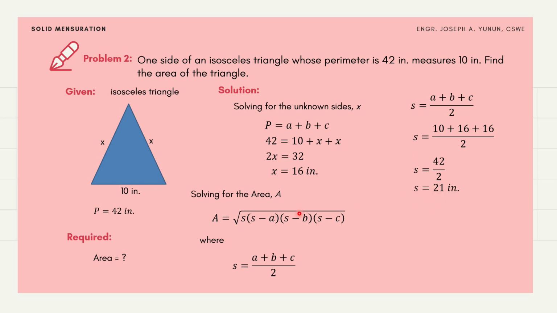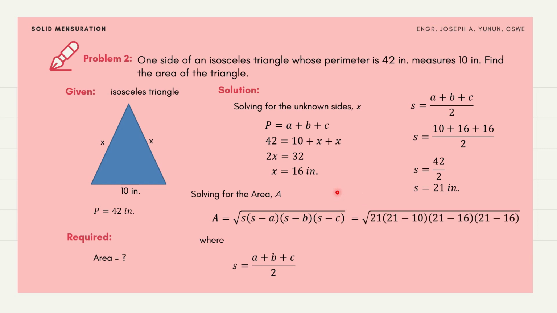Substitute this value into the formula for the area. You have S, which is equivalent to 21, the semi-perimeter. Similarly, this is 21 minus A, so A I have used as 10, and then 21 minus B, which is 16, and then 21 minus 16.